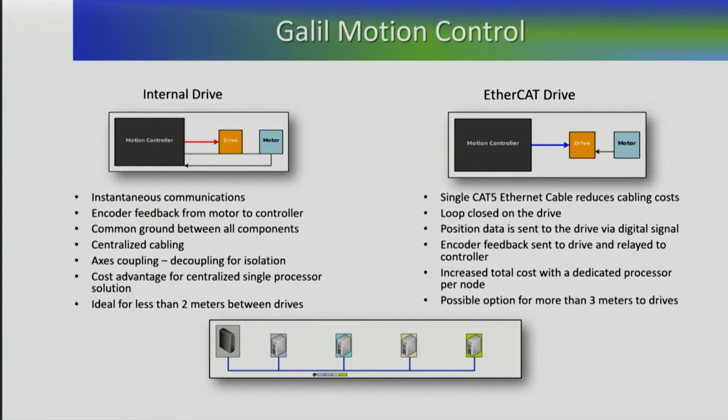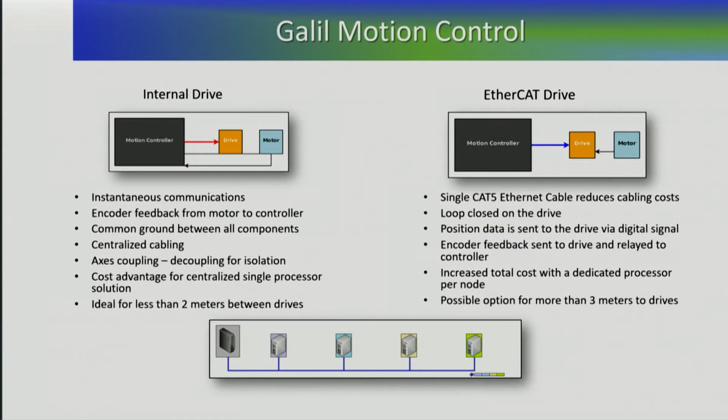And with that, you have an advantage of running the Cat5 cable, connecting to all of your devices as shown here in this little animated view, that from the master, you're going to each of the drives and sharing that information at a millisecond rate and being able to provide the new target positions at a fairly highly accurate rate with synchronization. The position is sent back. The encoders typically go back into the drive and then are shared back to the master position or the master controller.